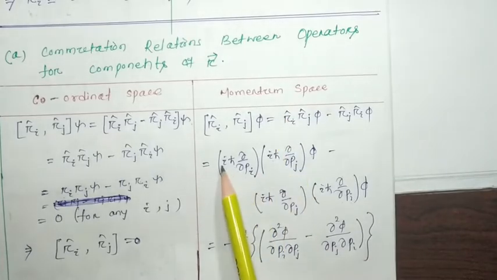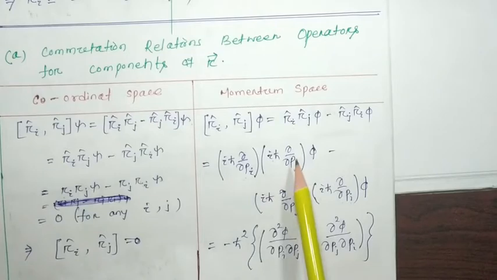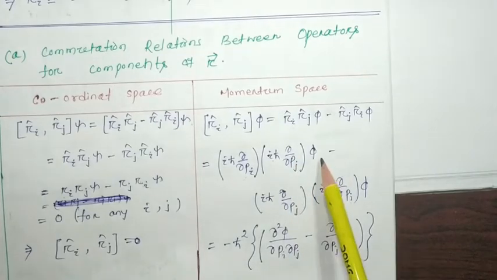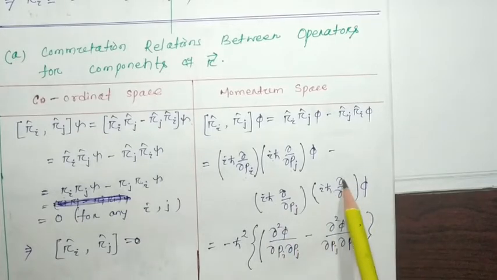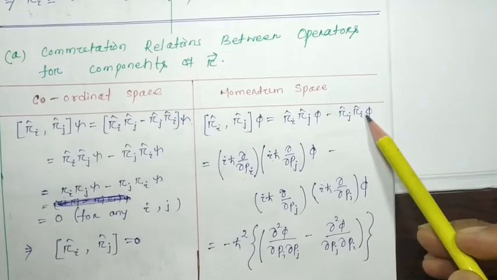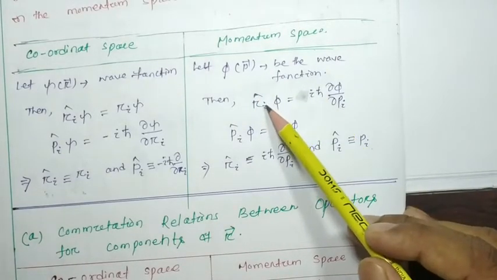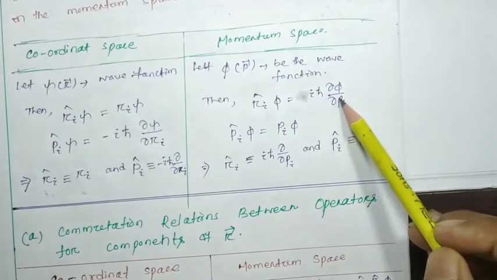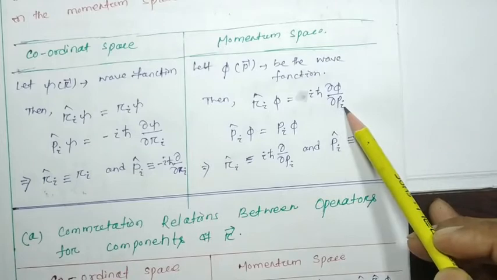The R_i cap value will be i h cross del by del p_i. R_j cap will be equal to i h cross del by del p_j, on phi, minus i h cross del by del p_j, i h cross del by del p_i. So for R_i cap it is i h cross del by del p_i, and in case of j, it will be i h cross del by del p_j.